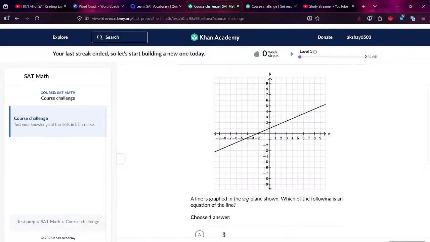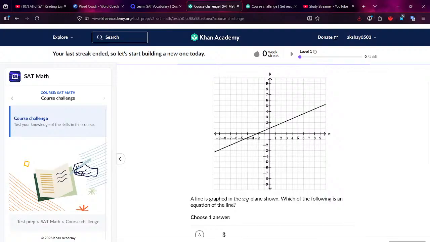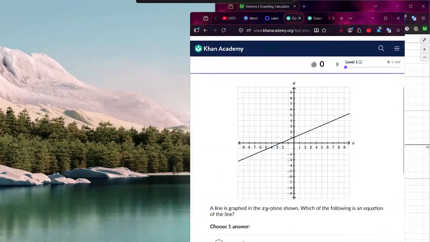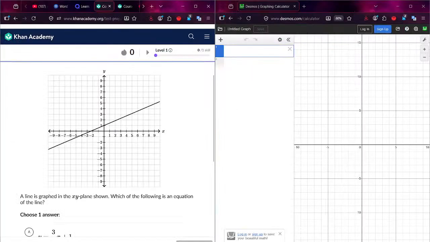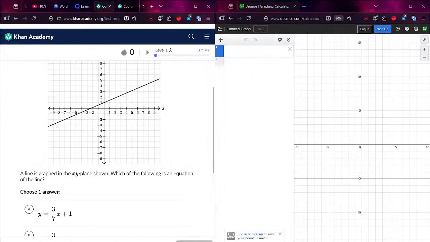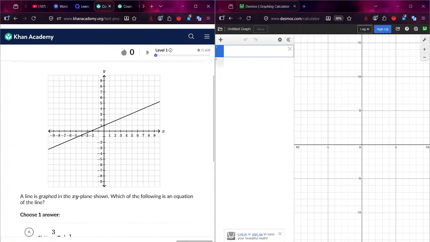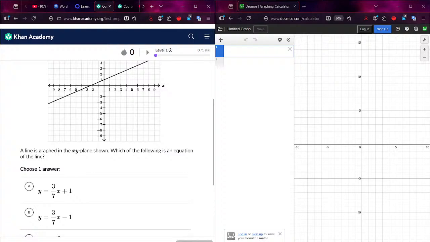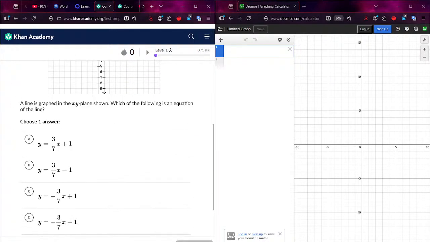Switching on to the math section. I already tried a bit of Khan Academy, but I'm gonna do these 7 questions and go back and do a few more. So a line is graphed on the xy plane. What is an equation of the line?